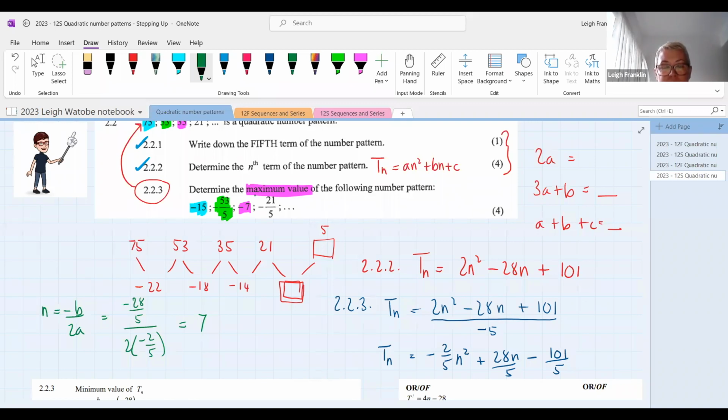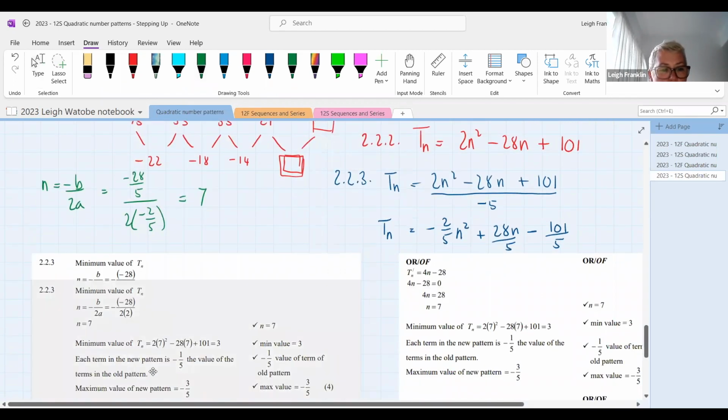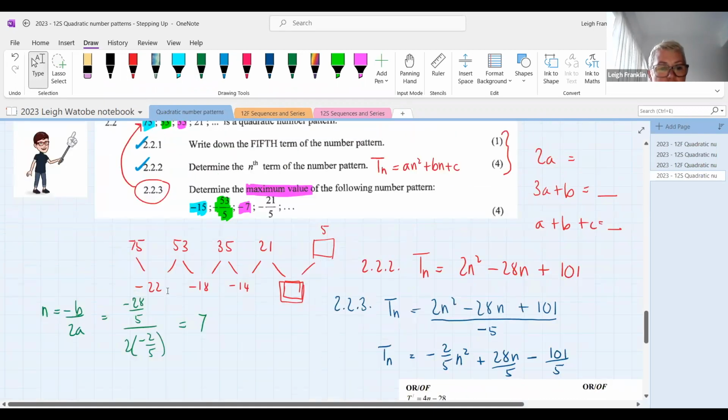So the maximum of this new pattern occurs at position 7. Okay, so what are we going to do with the 7 now? We're going to take it and we're going to... That's it. That was just a different way of doing it.